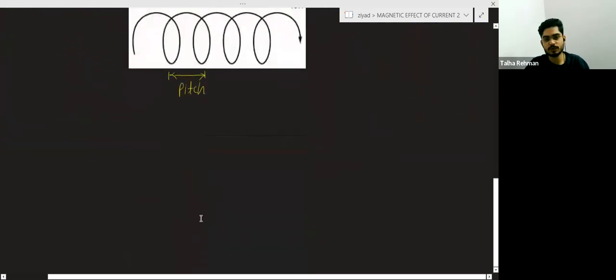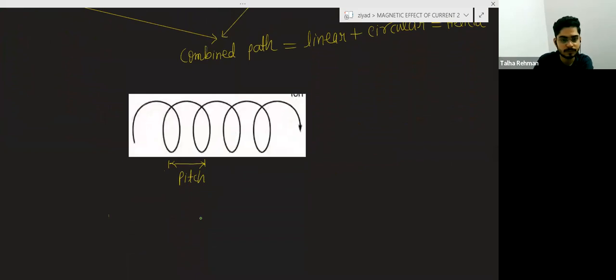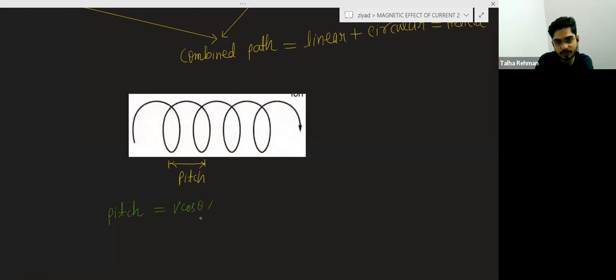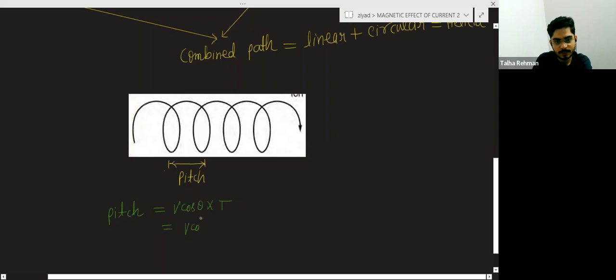So pitch is equal to v cos theta into time period. The formula of the time period is 2 pi m divided by qB, so the pitch is v cos theta times 2 pi m divided by qB.